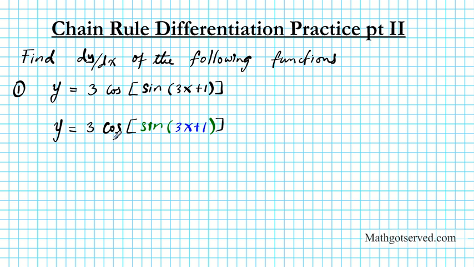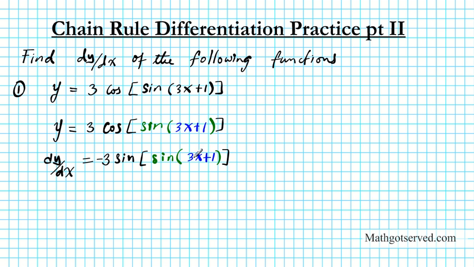So we're going to start with the outermost one, so I'm going to have dy dx equals 3. Now the derivative of cosine is negative sine, so I'm going to write negative sine of this entire function I have on the inside, sine of 3x plus 1. And you notice that I didn't do anything to the inner function.